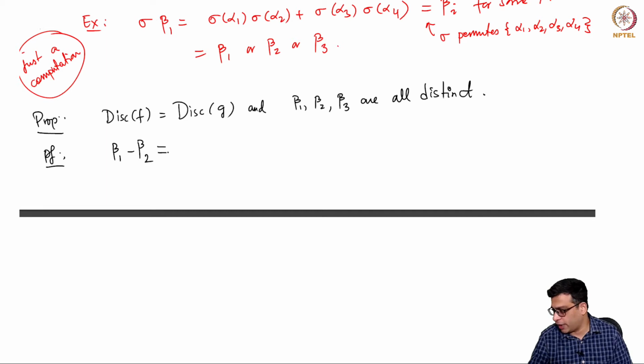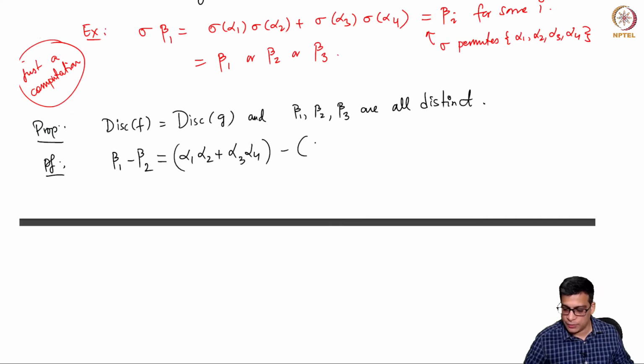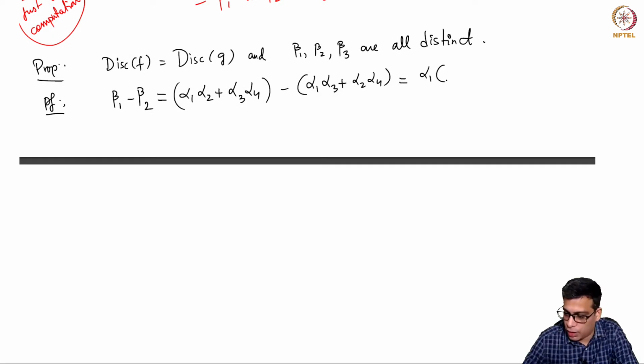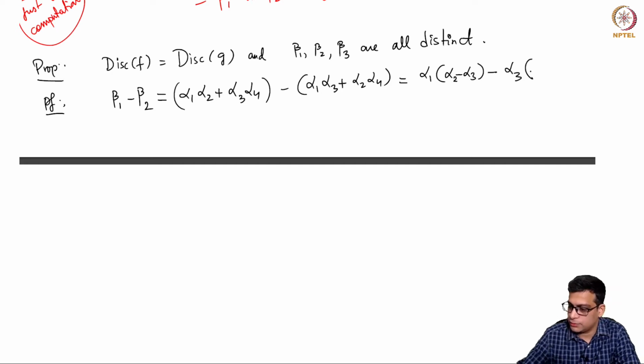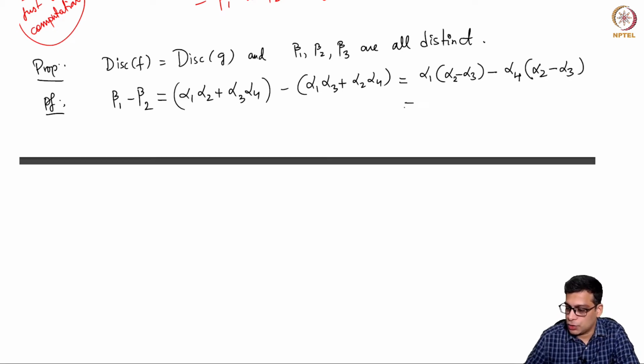Okay, so the proof, I will not give the full proof, but only observe, for example, the following. So if you take beta 1 minus beta 2, if you go back and see the definition, beta 1 is alpha 1 alpha 2 plus alpha 3 alpha 4, beta 2 is alpha 1 alpha 3, so the next term will be alpha 2 alpha 4, and if you simplify this, you will get alpha 1 minus alpha 4 times alpha 2 minus alpha 3.